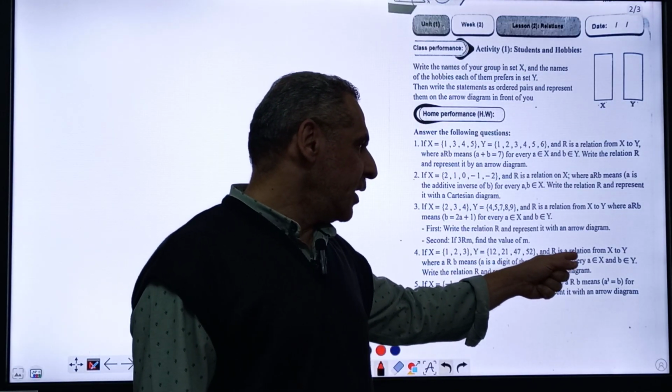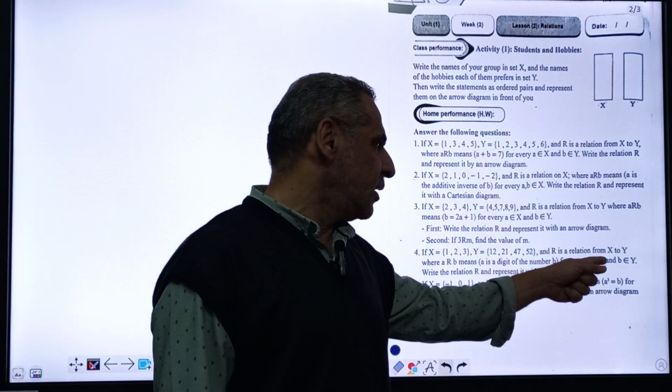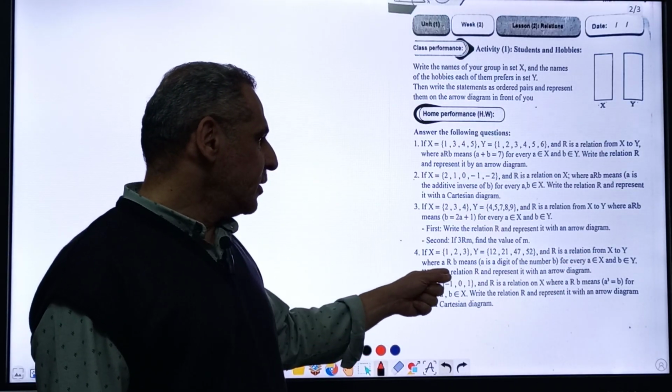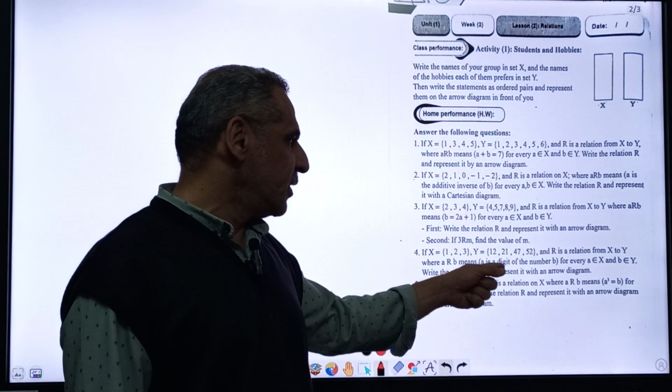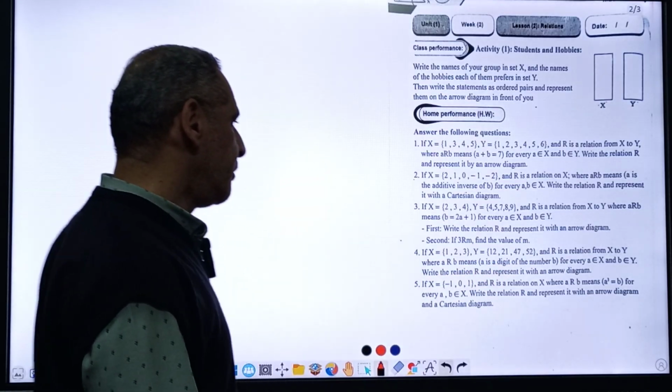For every a belongs to X and b belongs to Y, write the relation R and represent it by arrow diagram.